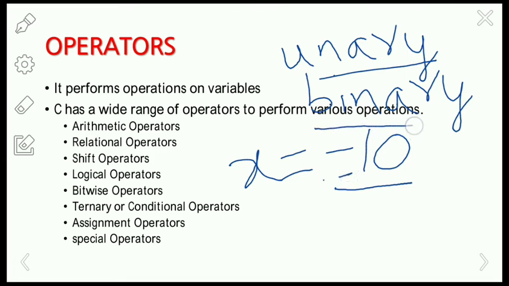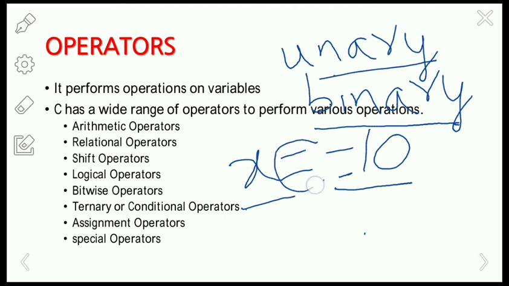Coming to the binary operator, here equals to is the binary operator because it is placed between x and minus 10, so it operates on two operands. The unary operator works on a single operand, whereas the binary operator works on two operands, that is x and minus 10.